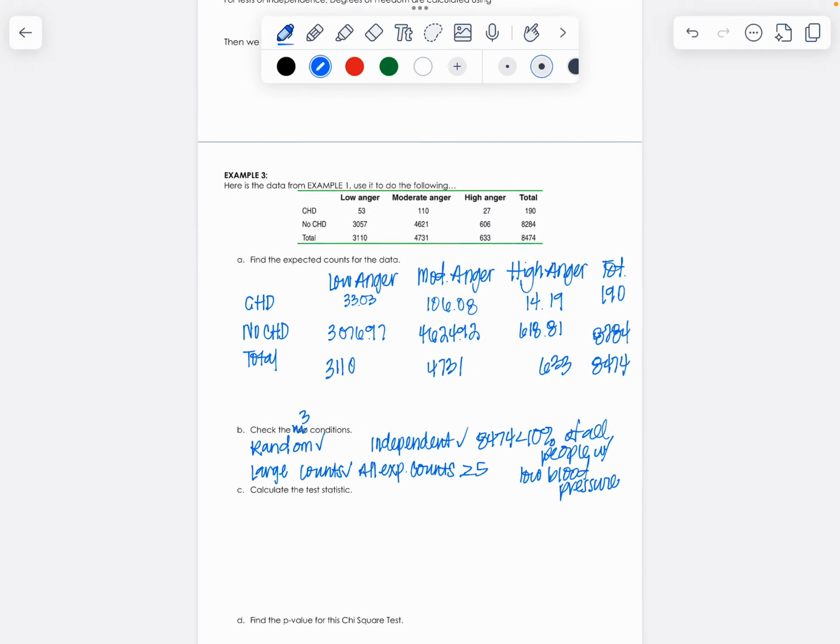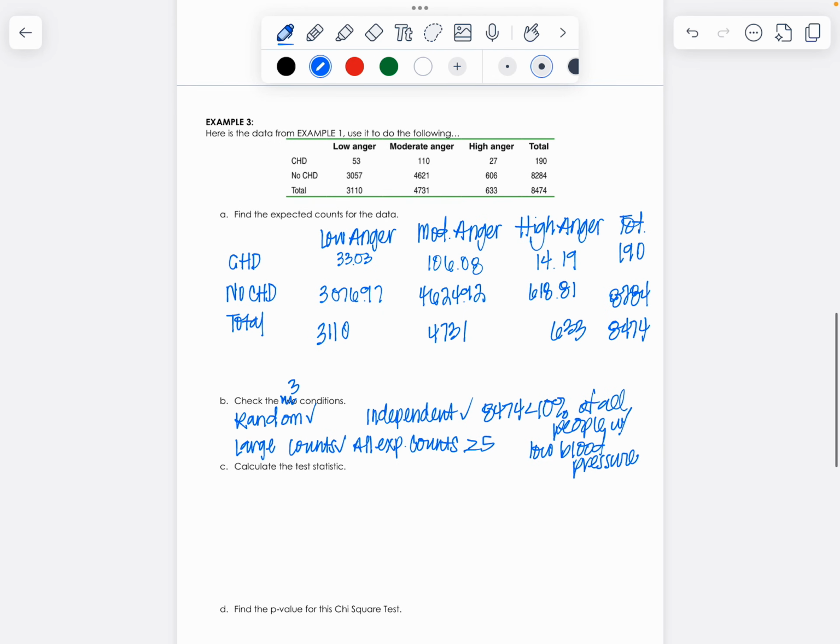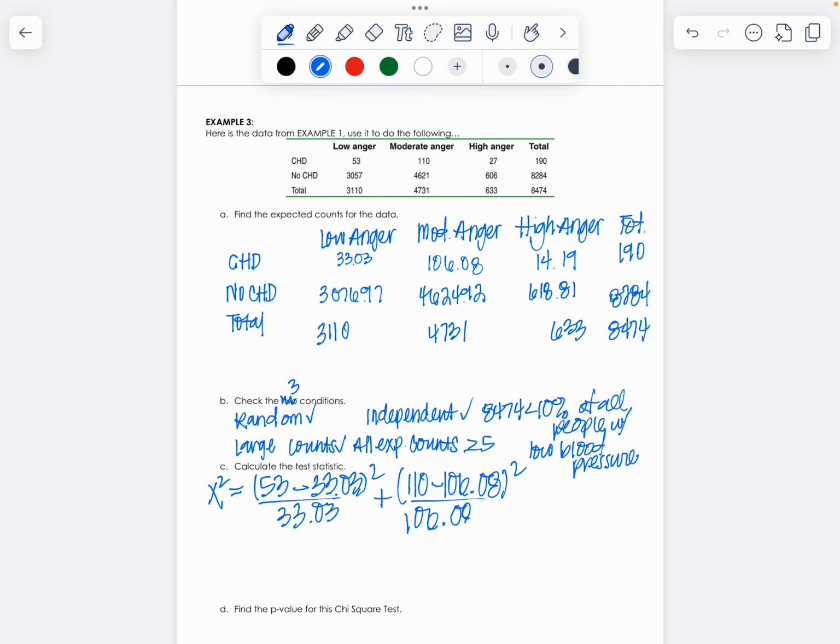All right, so now our test statistic. I'm going to zoom out so that I can see all my numbers. So chi-squared will be equal to 53 minus 33.03 squared over 33.03, plus 110 minus 106.08 squared over 106.08, and 27 minus 14.19 squared over 14.19.